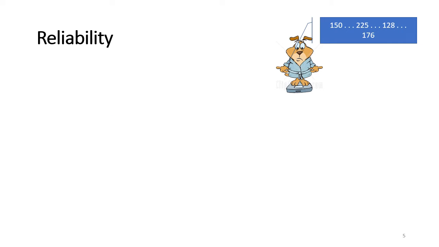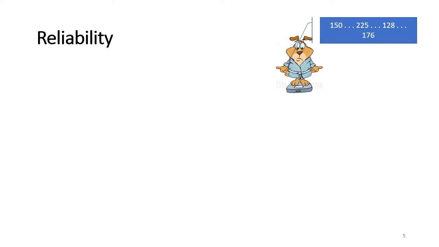So let's look more at reliability. Here we have a scale, and this person is standing on it, and the first time it produces the weight 150 pounds, and the next day it produces the weight 225 pounds, the next day 128 pounds, the next day 176 pounds, and imagine that this person is actually about 155.